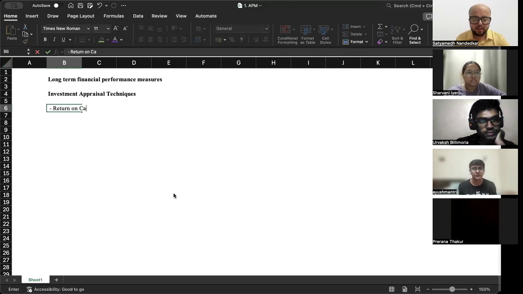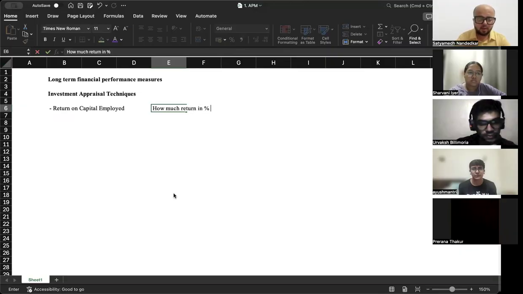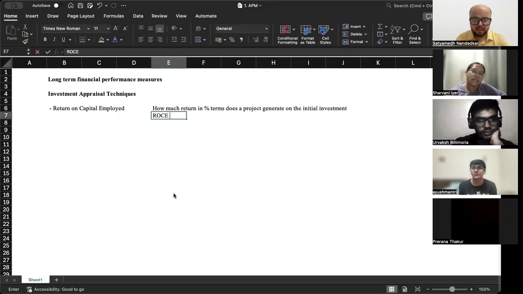First one is return on capital employed. What does return on capital employed tell me? Return on capital employed tells me how much return in percentage terms a project generates on the initial investment. And how do you calculate ROCE?